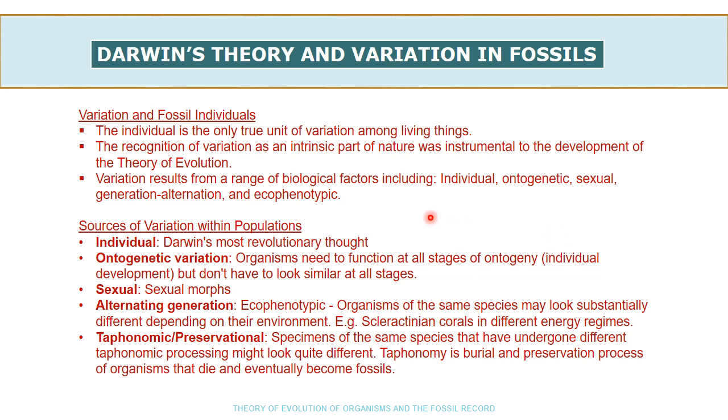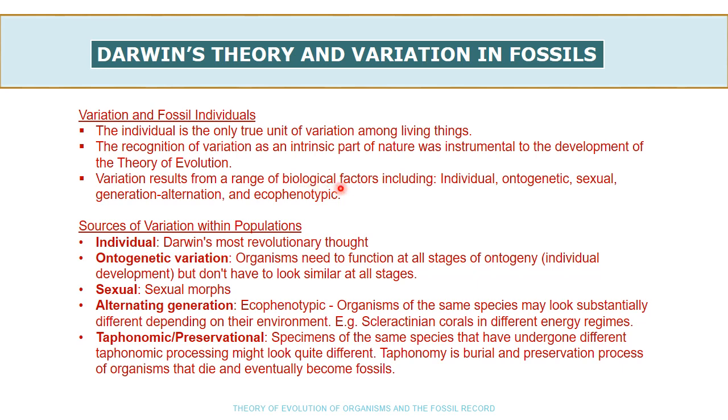And variation is basically differences that are observed in one organism from another within the same species. So apart from the individual kind of variation, every species varies from one form to another, and that is the basis for the development of this theory of evolution.